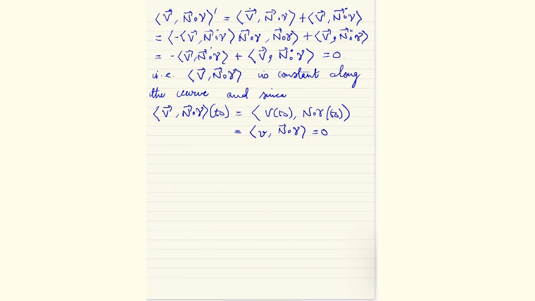So something in the tangent space at gamma t naught. Paired with the normal, this is 0, since this is how we chose our v. So v is in the tangent space at gamma t naught of S. And since this is 0, the constant must be 0.